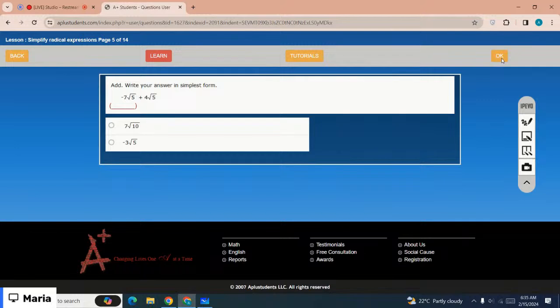Add negative 7 square root 5 plus 4 square root 5. So which is the correct option?